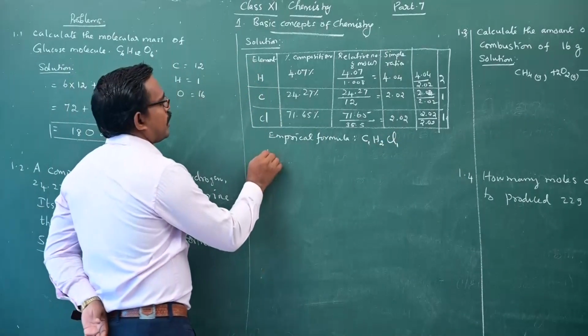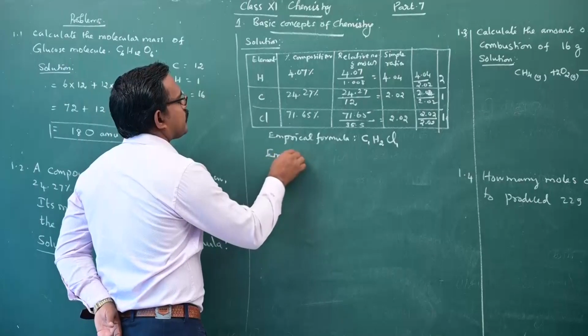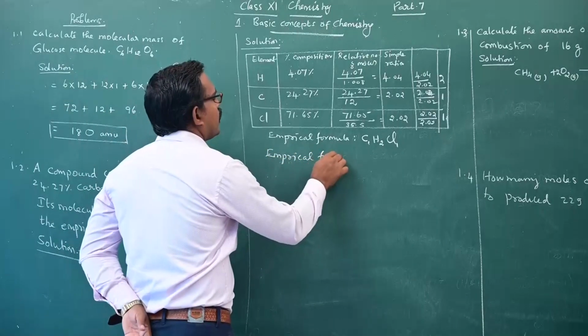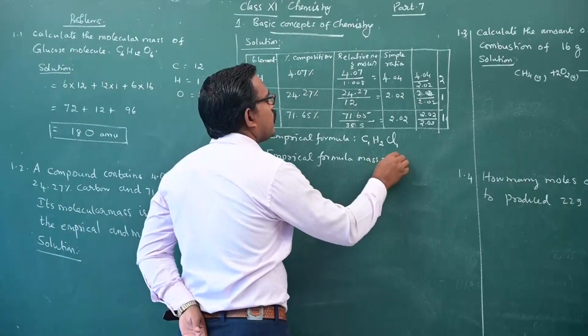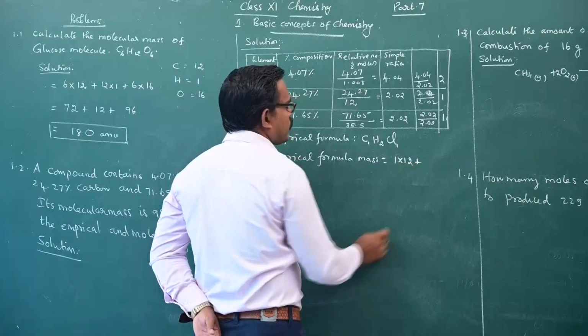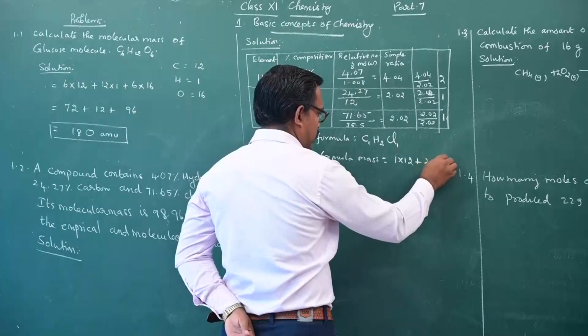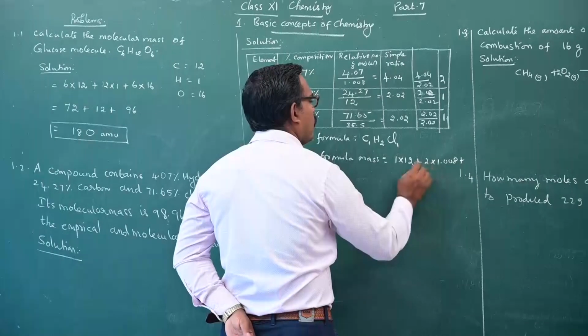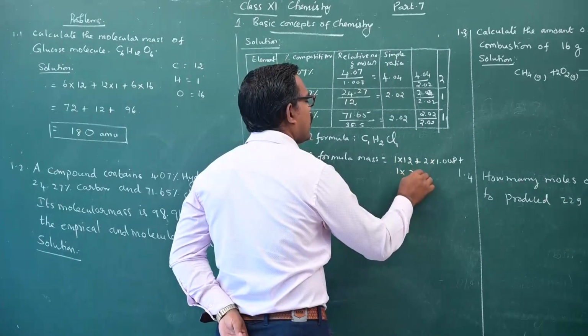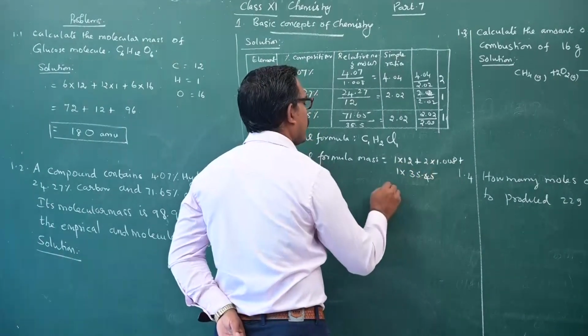Now, the empirical formula mass is equal to 1 into 12 plus 2 into 1.008 plus 1 into 35.45.